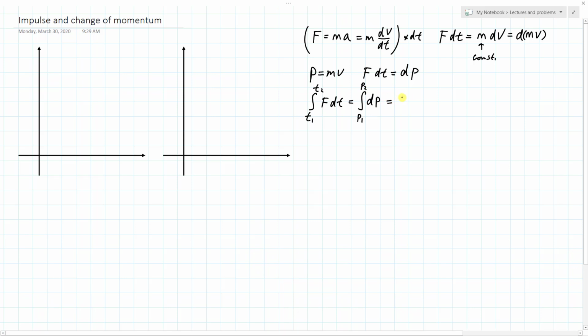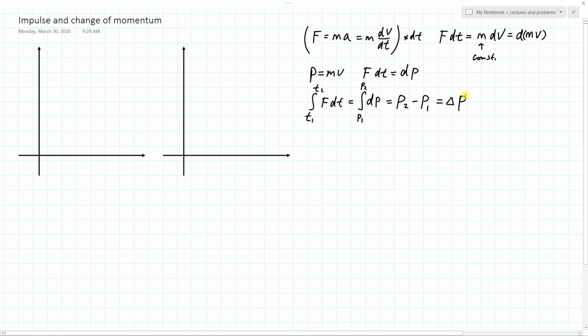The right side integrates really easily into p. Then you plug in p2, plug in p1, subtract, and that gets you p2 minus p1. You can also say this is the change of momentum.